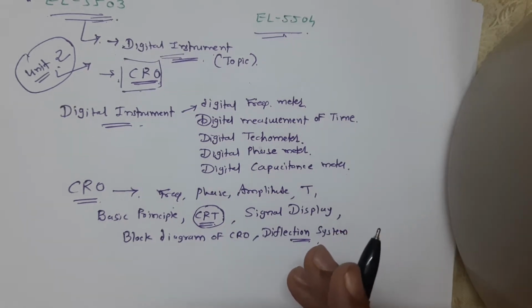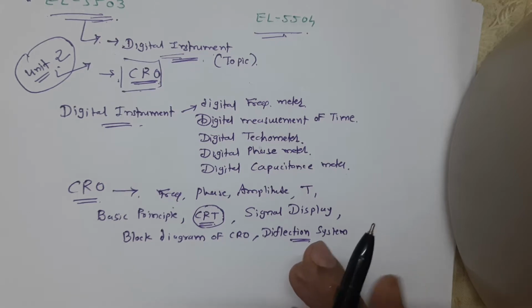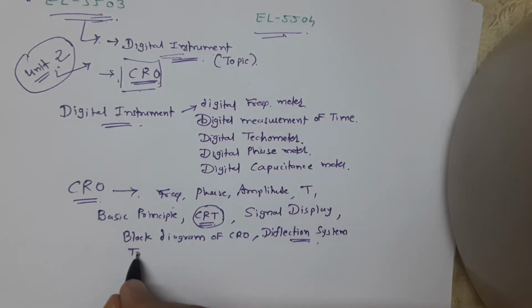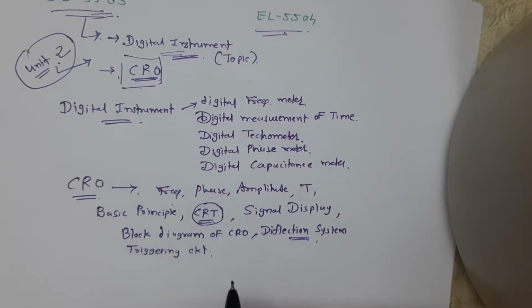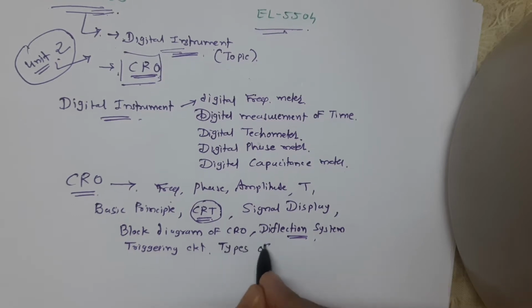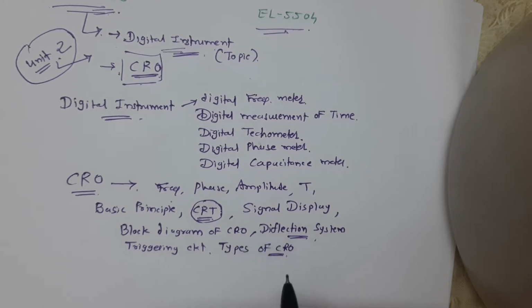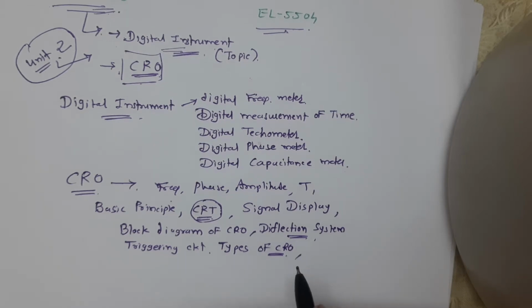There are two types of deflection system, vertical and horizontal. Then we discuss the triggering circuit. Then we discuss the different types of CRO. And lastly, we discuss the measurement of frequency by the Lissajous method.